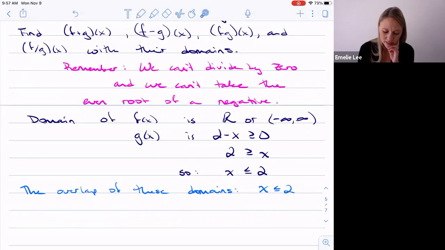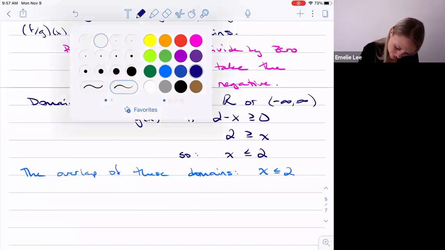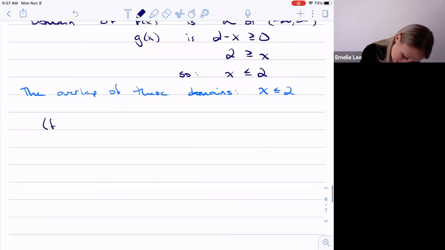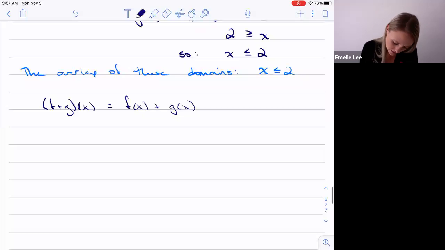If I want to find f plus g of x, I've already found its domain, so now it's the easy part, right? F plus g of x is f of x plus g of x, and sometimes you're able to simplify these things a little bit.